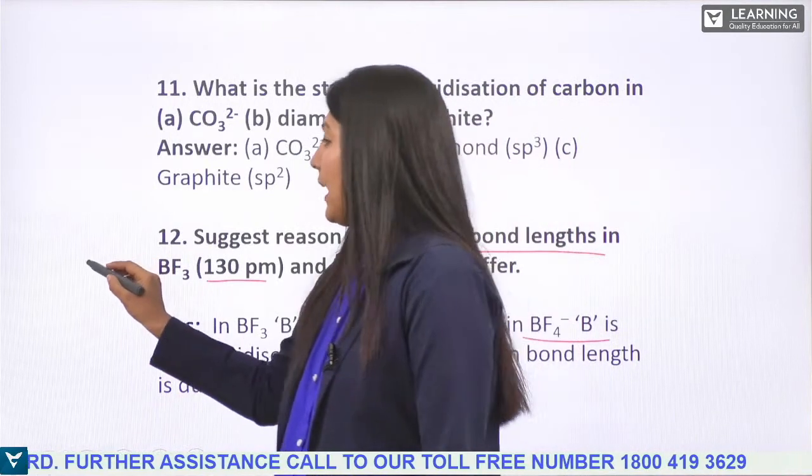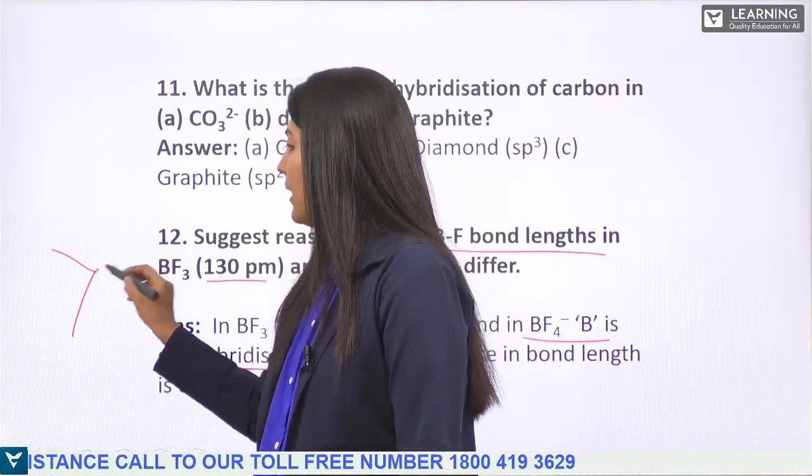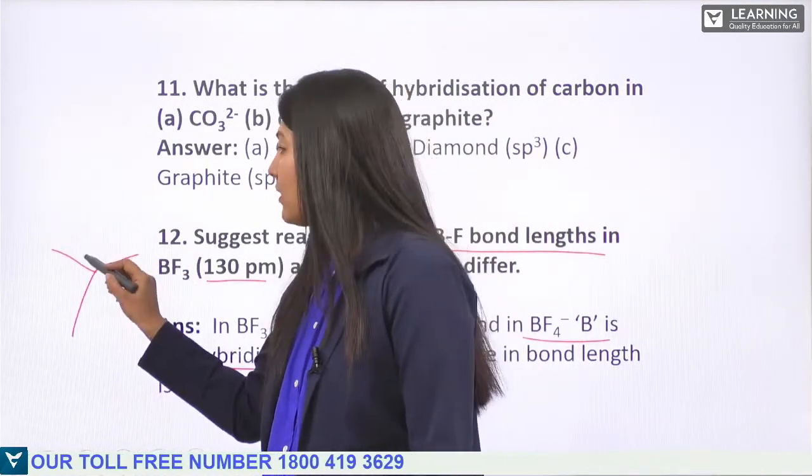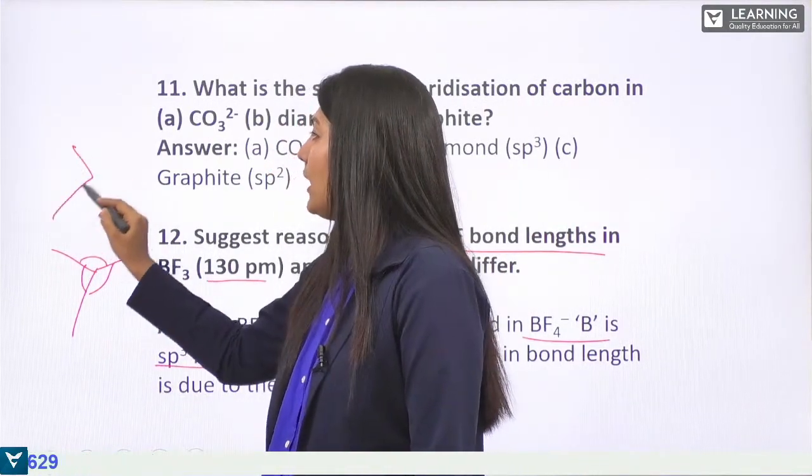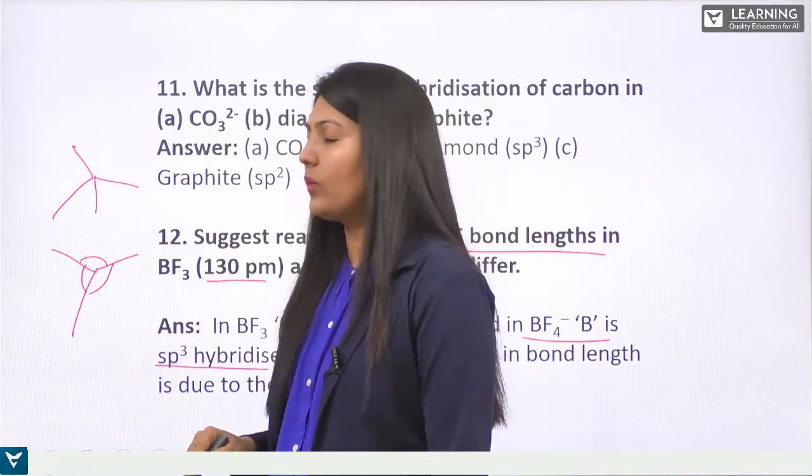Why? Because sp2 is planar, where the bonds can be easily stretched, right? If you go ahead with the fourth one, what happens?